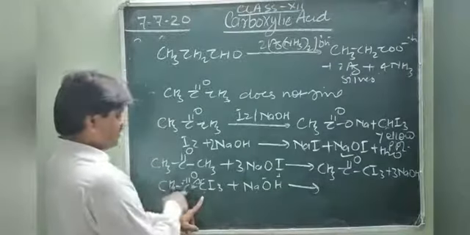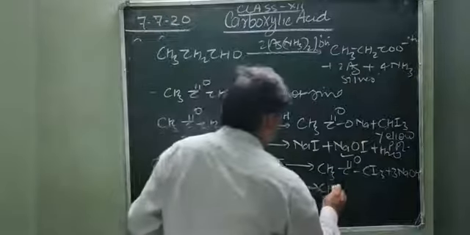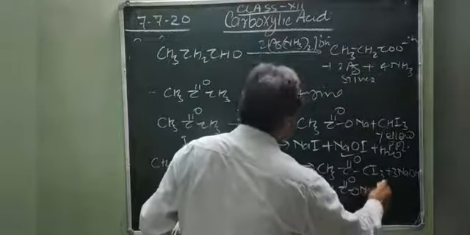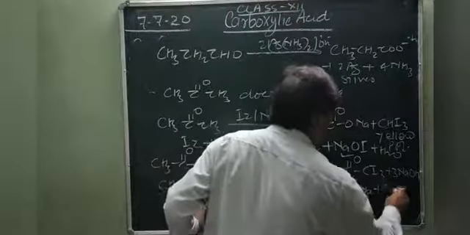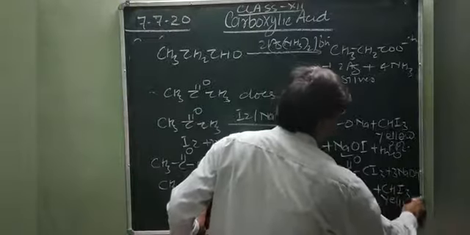So it forms CH3COONa, the salt of the acid, plus CI3 minus and one hydrogen, giving CHI3. This is the yellow precipitate of iodoform.